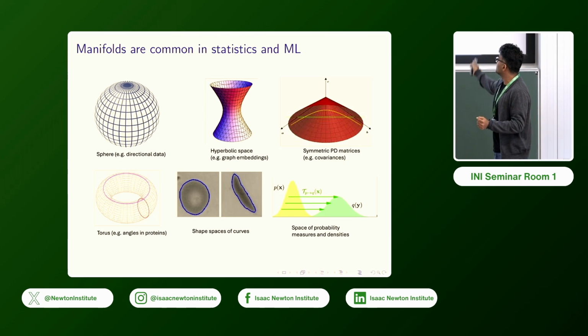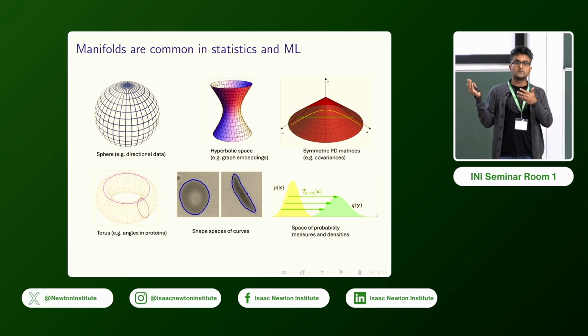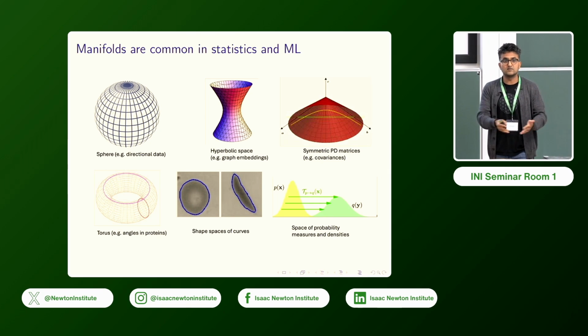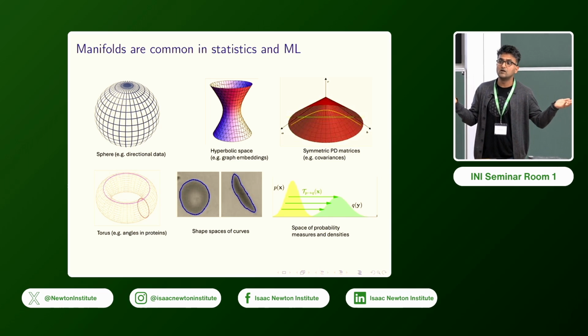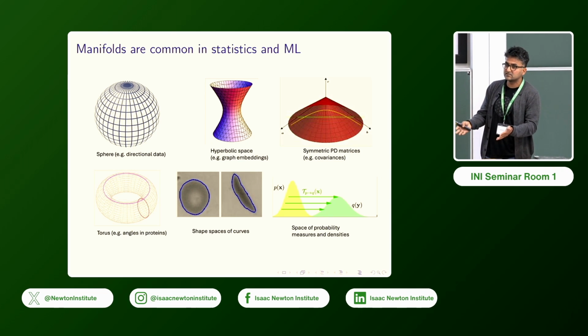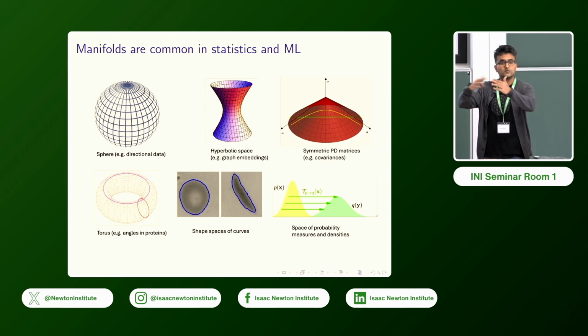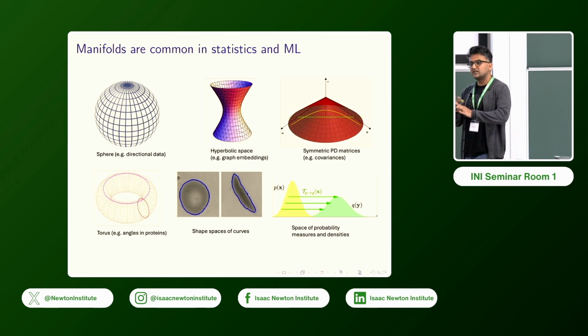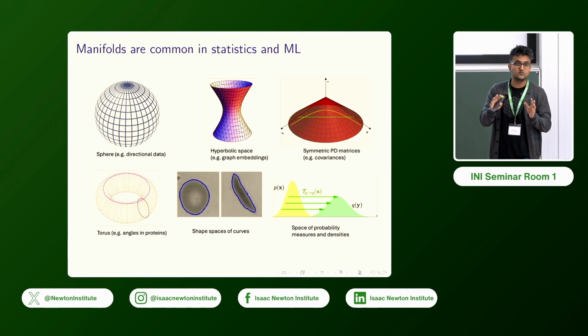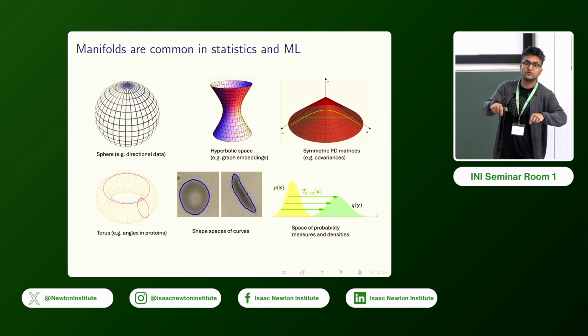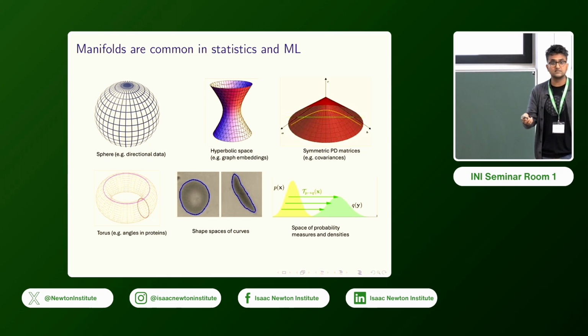Or what is probably more familiar, if you're looking at the space of probability measures, you have the Wasserstein geometry, a curved geometry there, or if you're looking at the space of densities, the Fisher-Rao metric. So effectively, there are quite a few situations where a manifold structure is useful to think of either for the data point or for the parameter space.